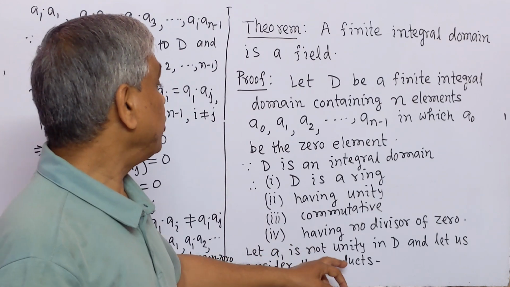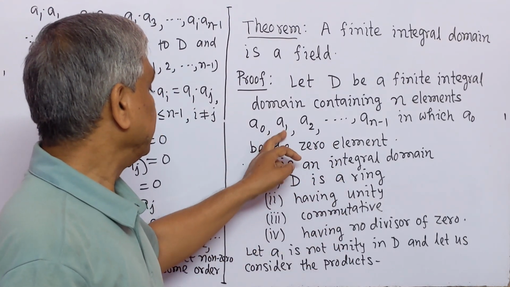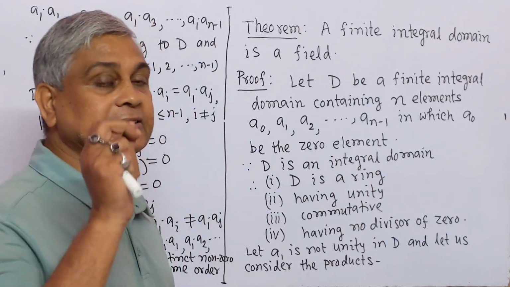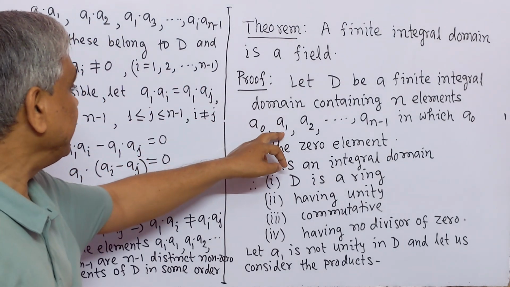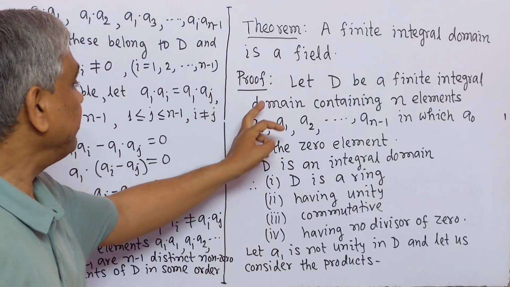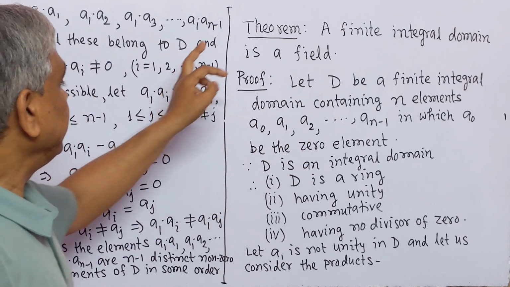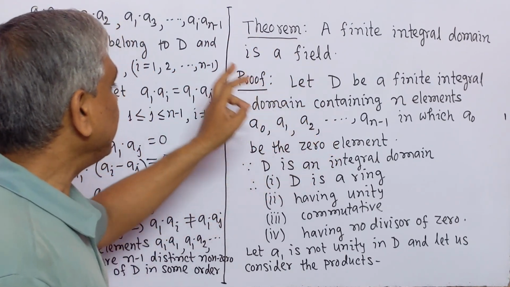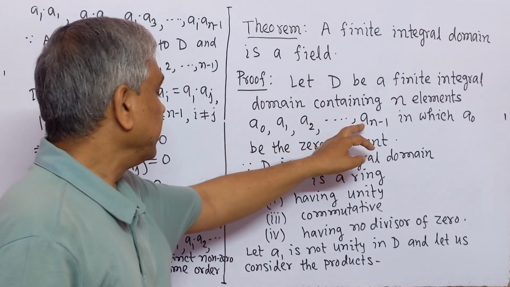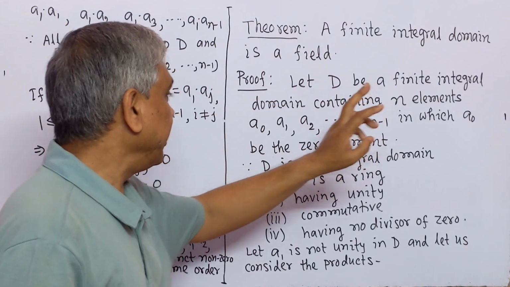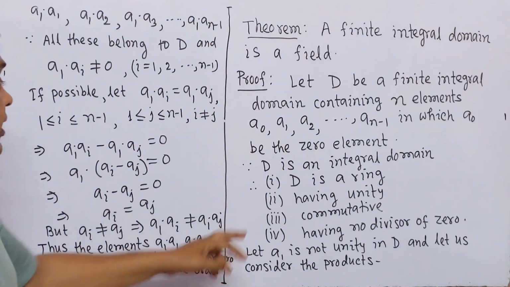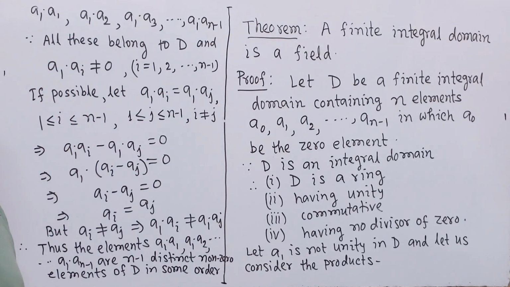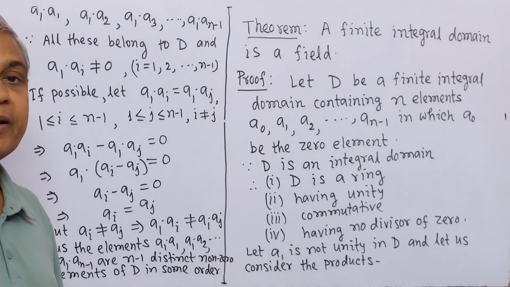Let a1 is not unity in D, and let us consider the products a1·a1, a1·a2, a1·a3, ..., a1·a(n-1). Since D is a ring, it fulfills closure property with respect to multiplication.